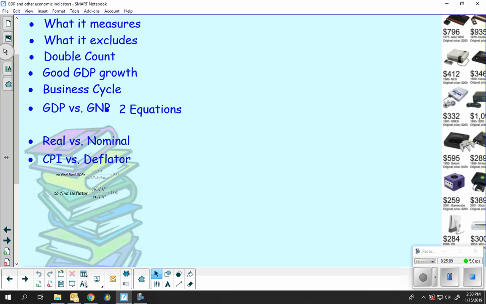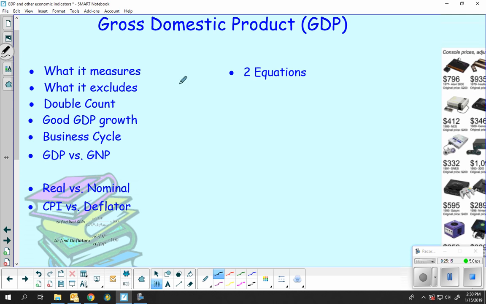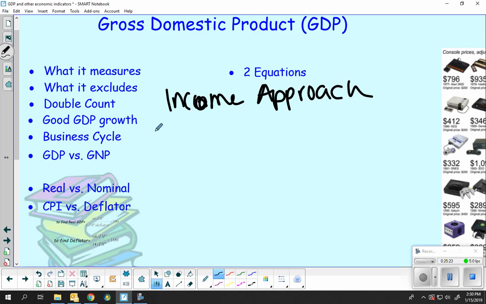Okay, that was one equation. The other equation is if you add up all of our incomes. It's called the income approach. The income approach starts off the same: GDP equals, or you could say Y, because that's the abbreviation for GDP. GDP equals, and this time we're adding up all of our incomes, all the money made.